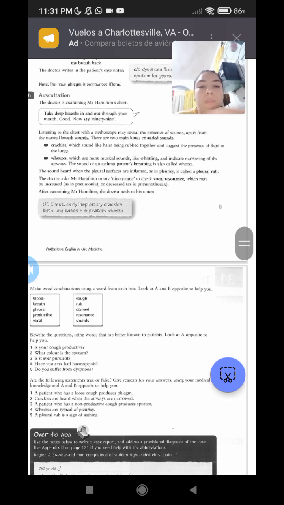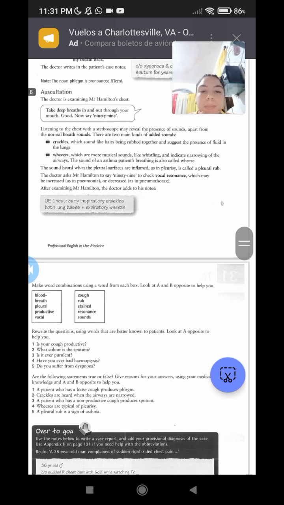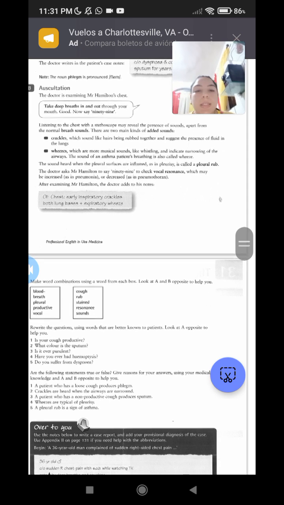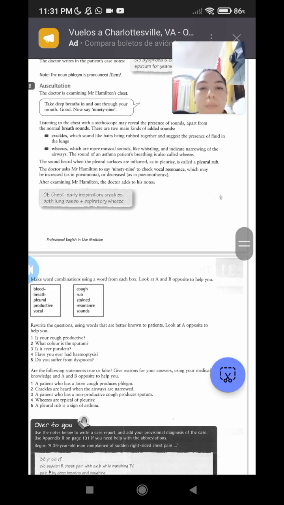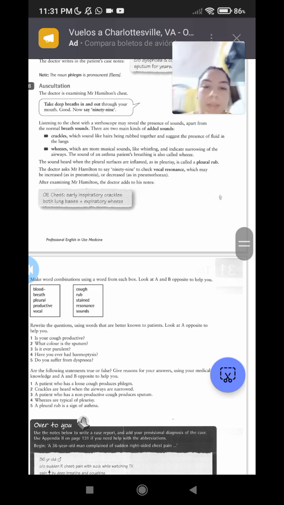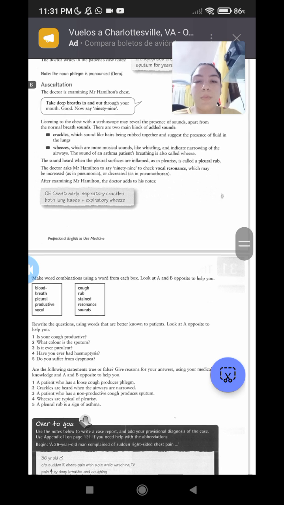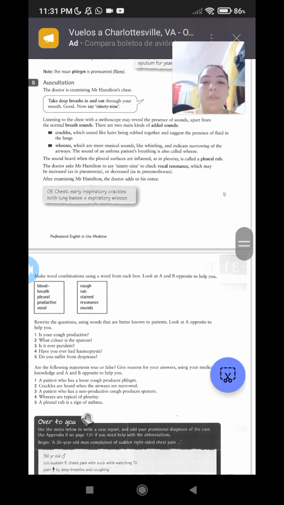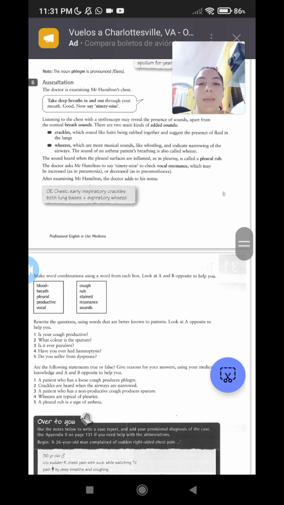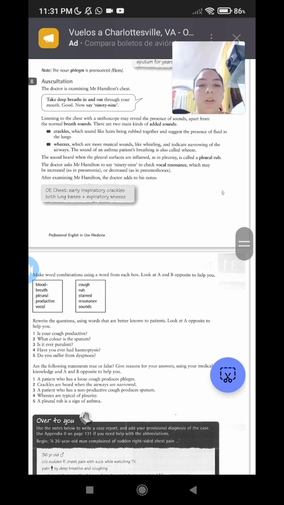The sound of an asthma patient breathing is also called wheezing. The sound heard when the pleural surfaces are inflamed in pleurisy is called a pleural rub.